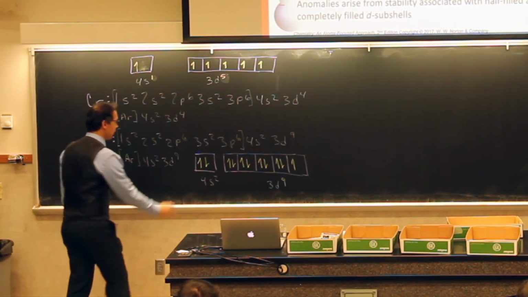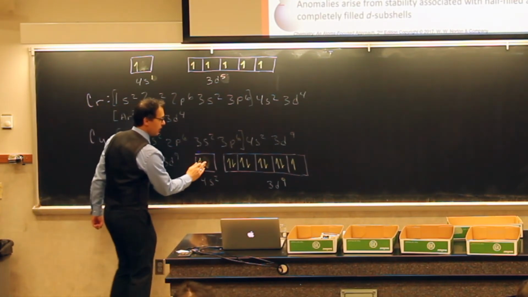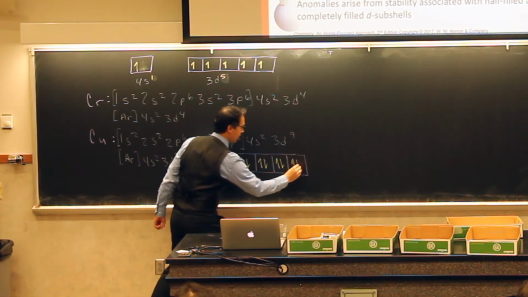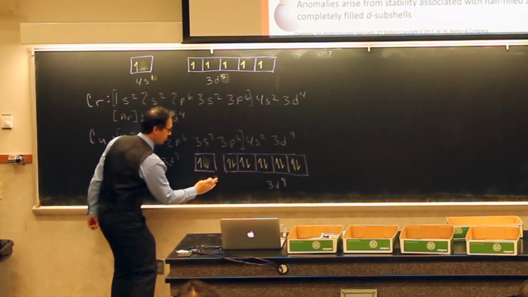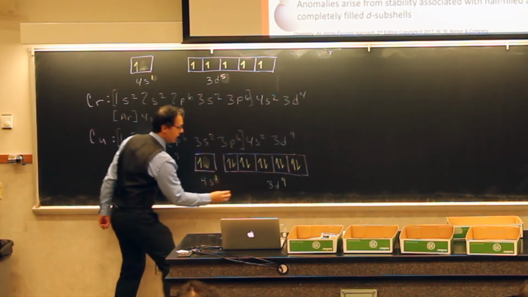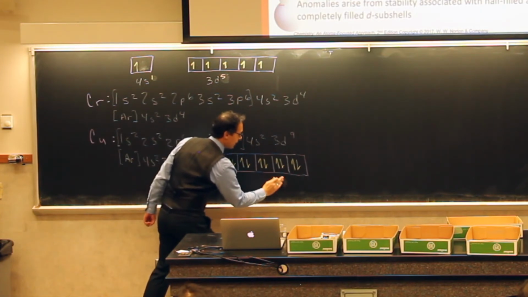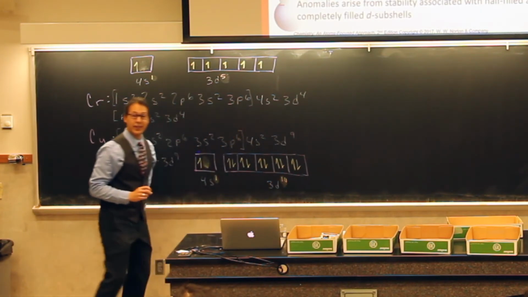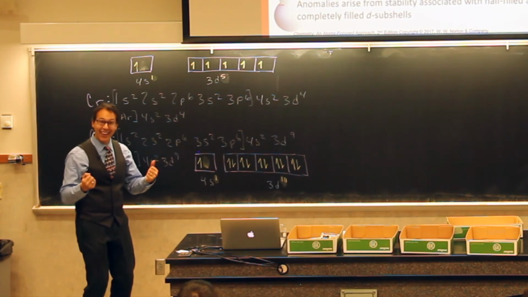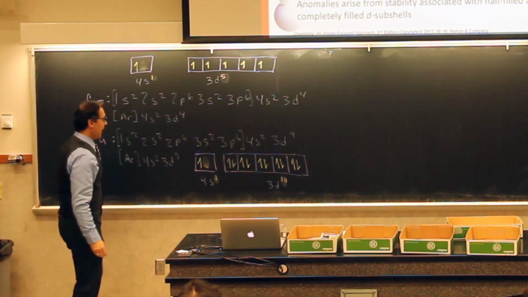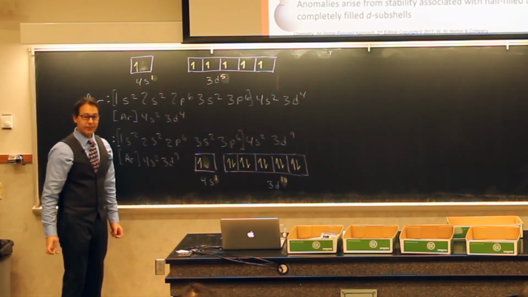Yeah, we're just going to take one from here, and we're going to drop it down into the 3d orbital. This becomes 4s1, and this becomes 3d10. And that makes it more stable.